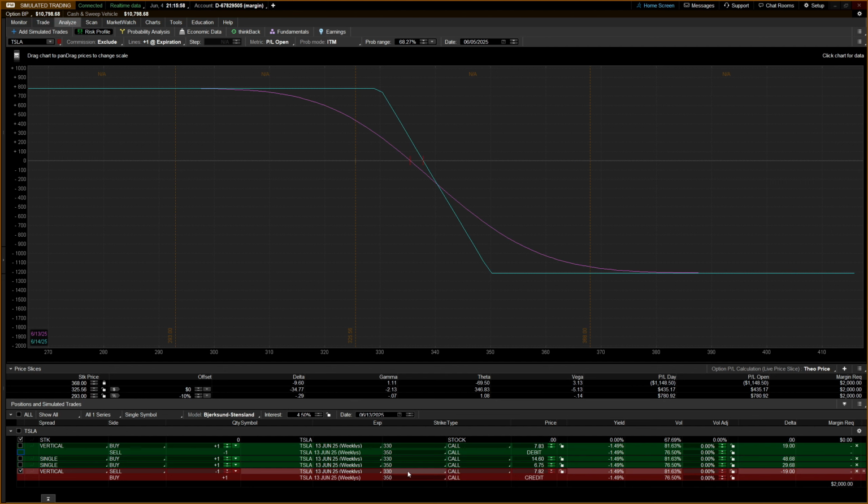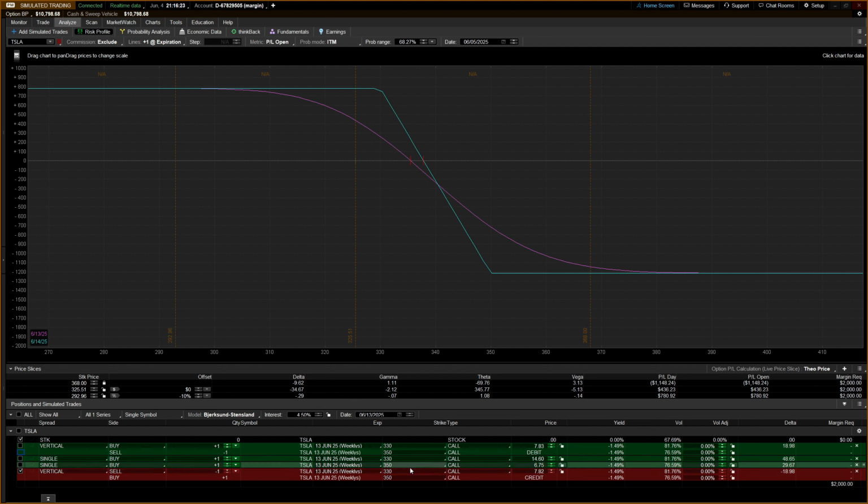So what does that do? Well, it's going to work in the reverse way. You buy them at 330, and let's just say Tesla is at 340 when this happens. Well, your 350s are out of the money, and you can exercise the right to buy them for 350, or you can buy them at the market depending on how far in the money these are.